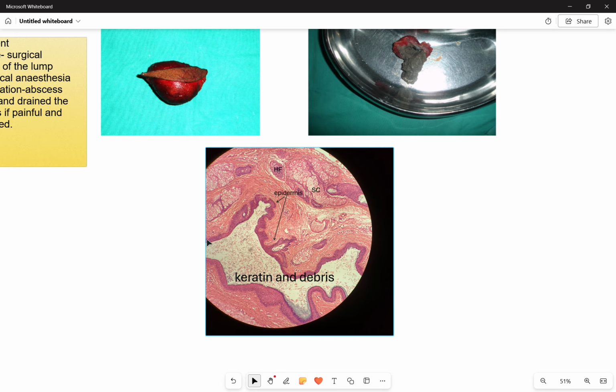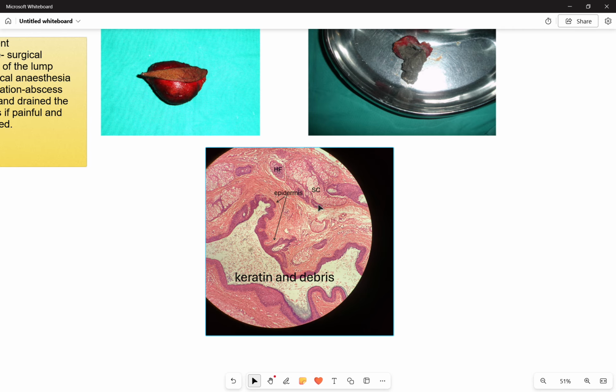That is the epidermis, which has gone into the dermis. And this is the cystic cavity, which contains keratin and debris. So this is inclusion epidermal cyst. And now you can see certain appendages of the skin over here.